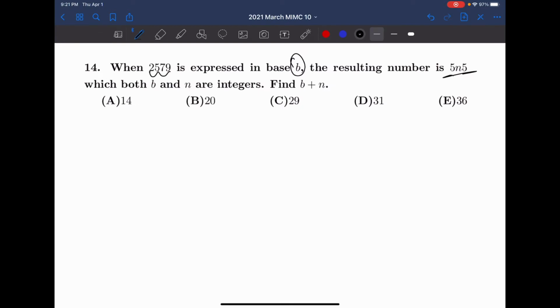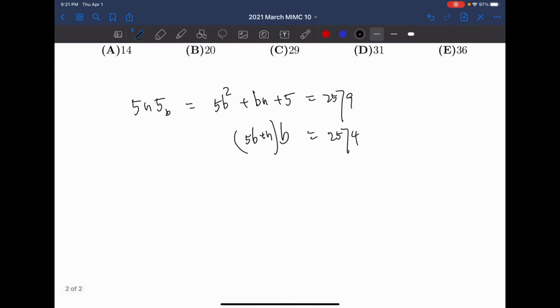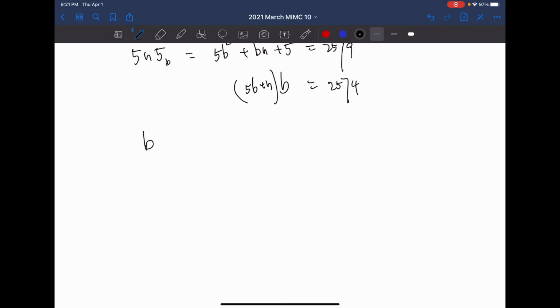So we can express this: 5 5 N in base B would be equal to 5b squared plus bn plus 5, which is equal to 2579. And subtracting 5, that is 2574, equal to (5b plus n) times b. So we know that b must be a divisor of 2574.